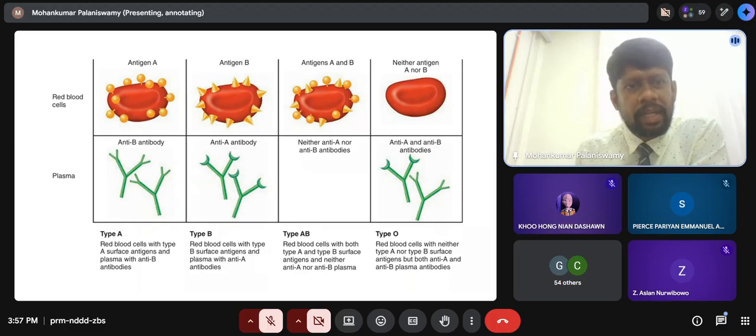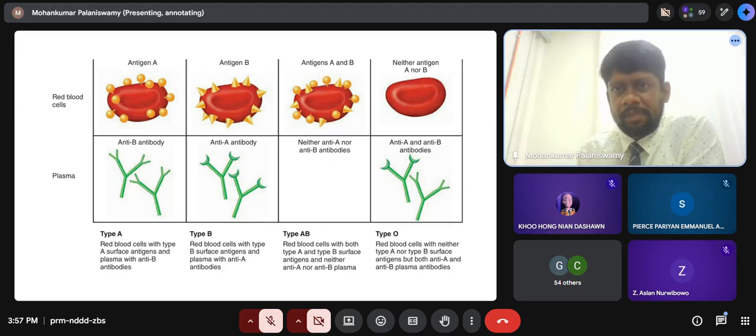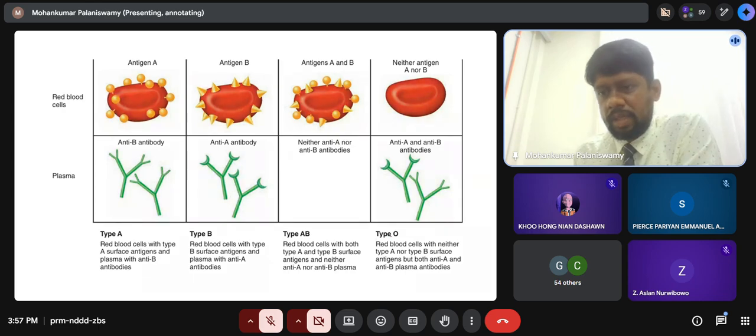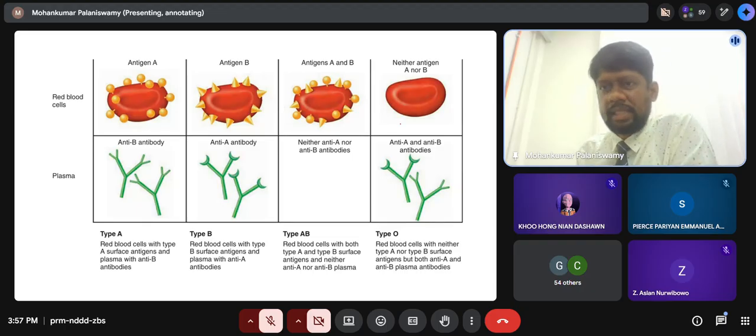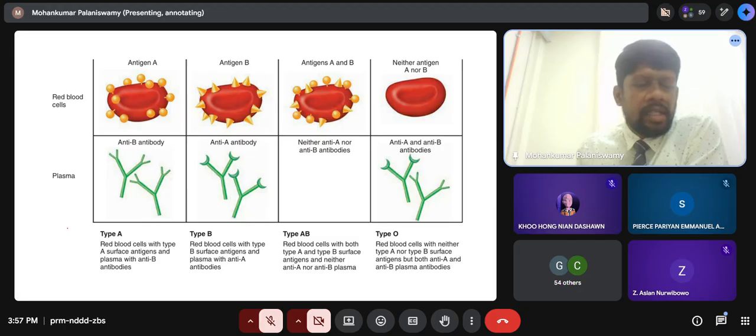Antigen A looks like a small bubble. Antigen B looks like a small triangle. For blood group AB, the RBC has both antigen A and antigen B, that is both the small balls and the small triangles. For blood group O, there is no antigen, so it remains flat. Then in the plasma, we have anti-B body. Can you see here, it is somewhat like a triangle.